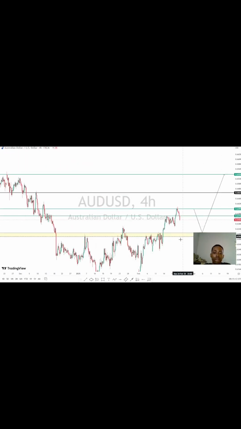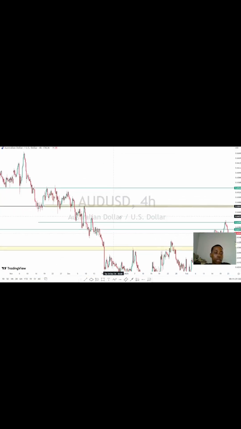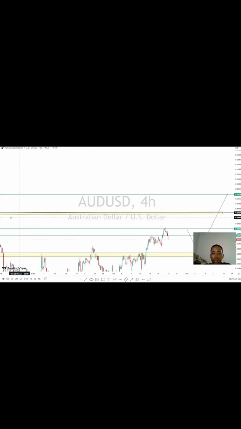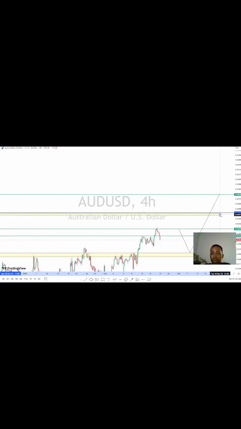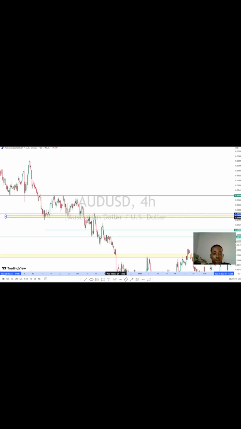I would never ever ignore this level for any reason, because certainly there must be a correction or a pullback, which I can't know how much it can pull. So let me zone it well.